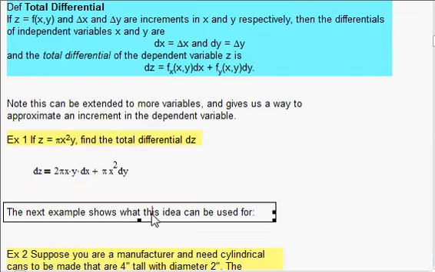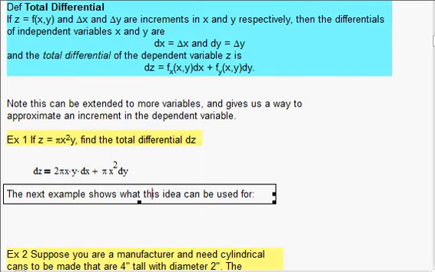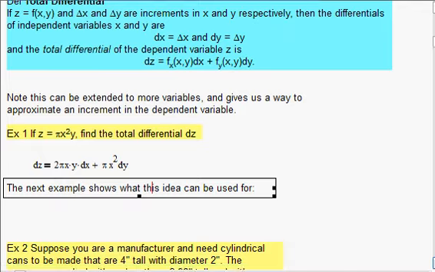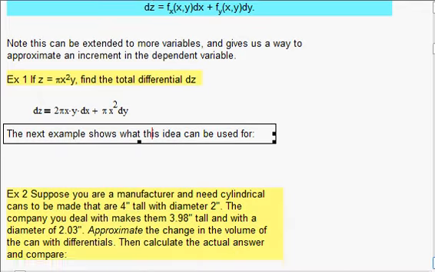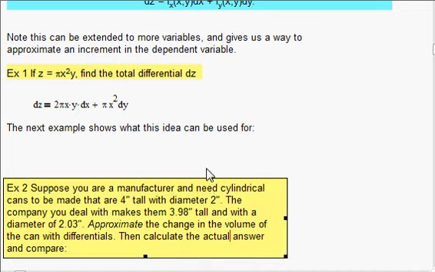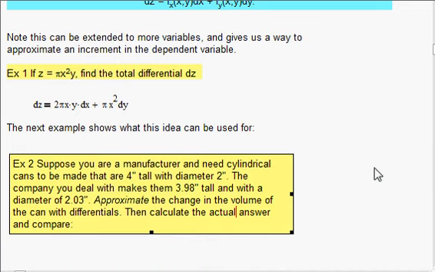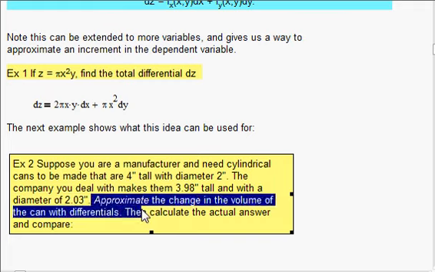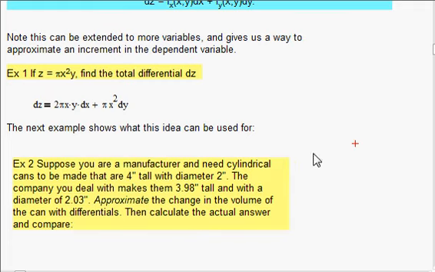And this next example will show how to use such information. Now suppose you're a manufacturer and you need cylindrical cans to be made that are 4 inches tall and a diameter of 2 inches. Then the company you deal with makes them approximately 3.98 inches tall and with a diameter of 2.03 inches. So approximate the change in the volume of the can with differentials.